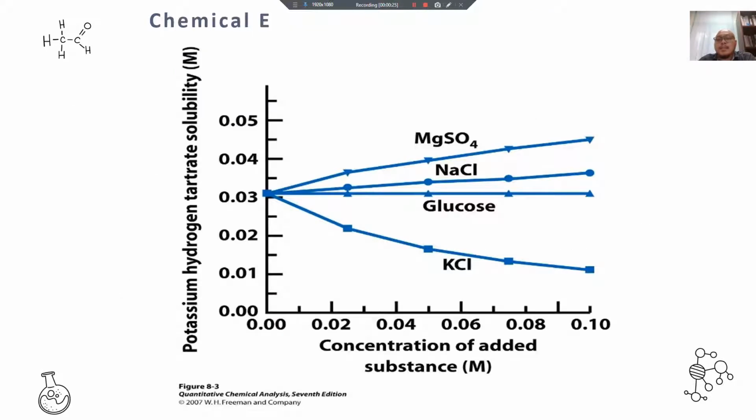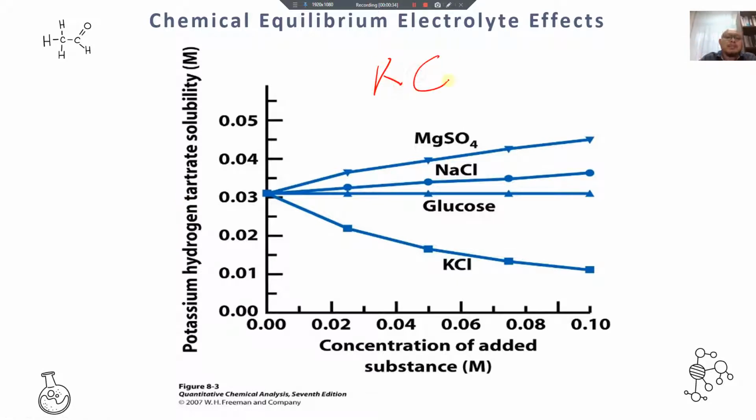So I already explained this earlier. If we look here at potassium tartrate, maybe KC, I put over there, if we introduce a common ion into this particular thing, it will not dissociate. But if we put anything else as the electrolyte, it will improve the solubility. If you look over here, the solubility is increasing.